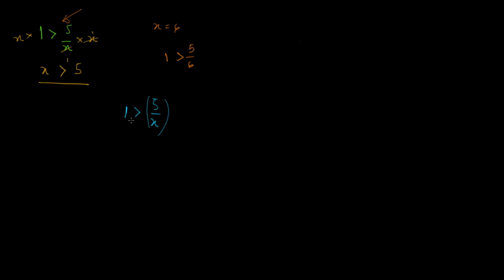Right. Now obviously you see that you are dividing by X. So the first thing that should come into your mind is that when X is negative, when X is less than 0, you definitely have a negative number on the right hand side. A negative number is always less than a positive number. So the first thing that should come into your mind is, if X is less than 0, that is a solution.